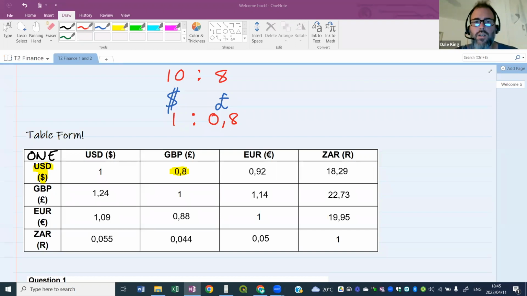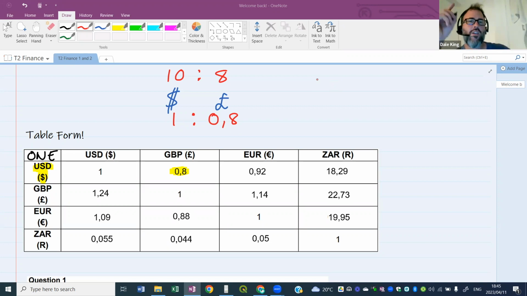All right. So if you think about it, let's use the 10 and the 8 ratio there. If you think about it like this, for a British person to buy $10 US. Okay, Tapelo's sticking to his answer.